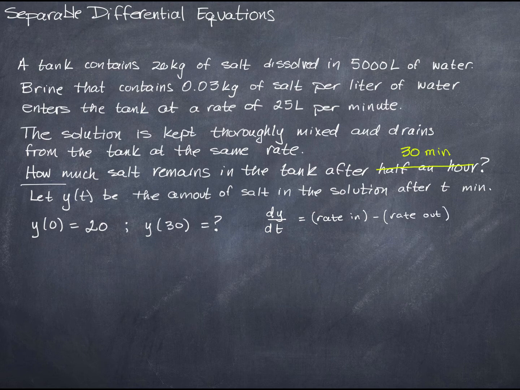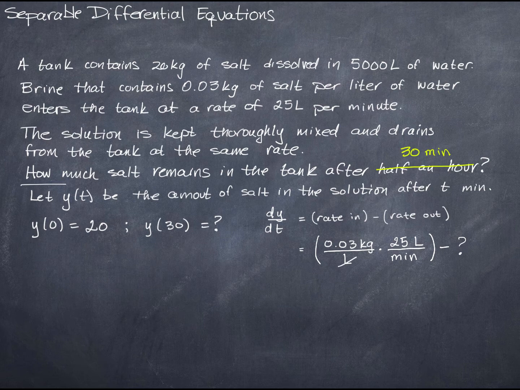Well, we know the rate in, it's 0.03 kilograms of salt for every liter that goes in. And we know that there are 25 liters of water or fluid solution going in every minute. This is our rate in.